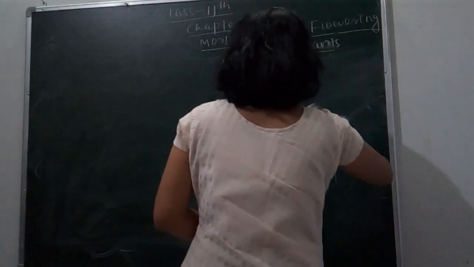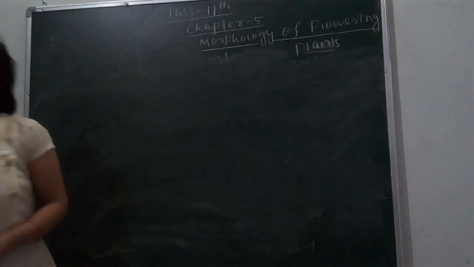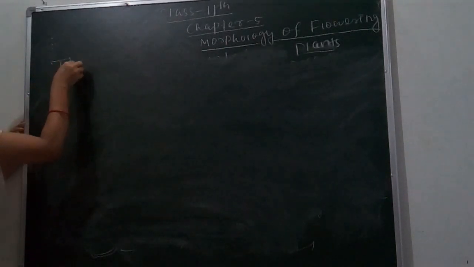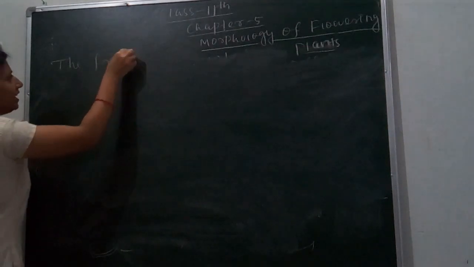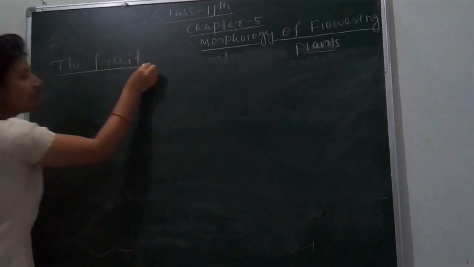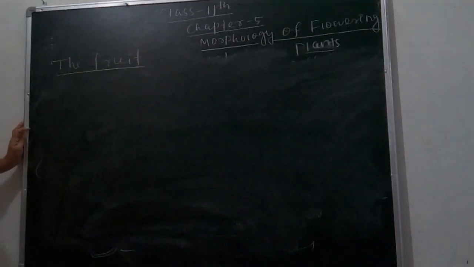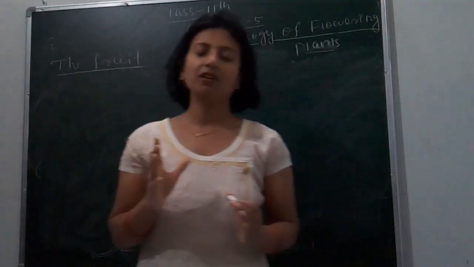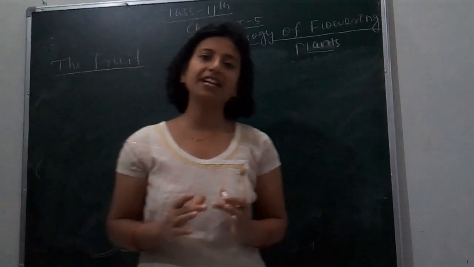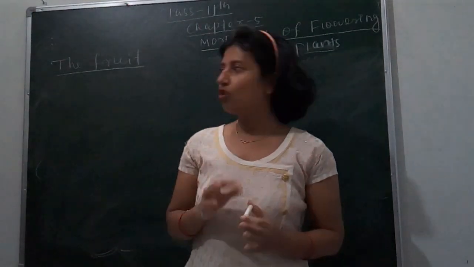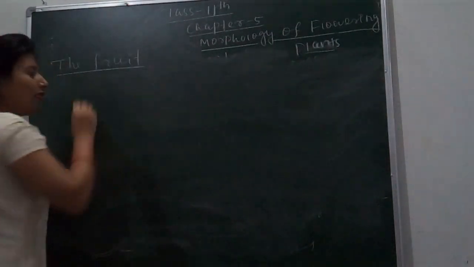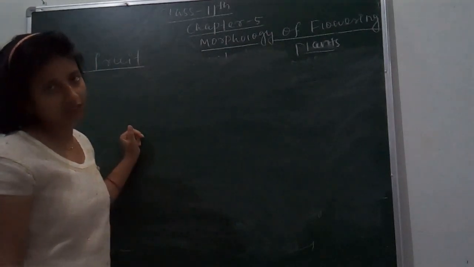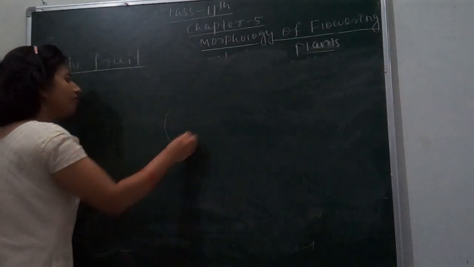As we know, the flower is the reproductive part of a plant, and it contains the reproductive organs. When fertilization occurs inside the flower, after fertilization the ovary gets converted into fruit.